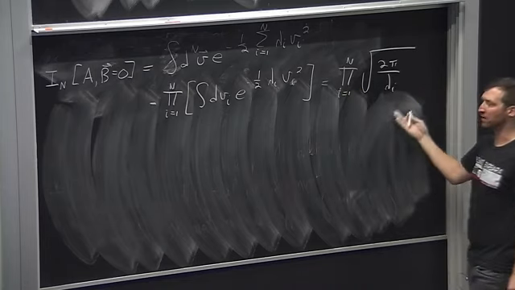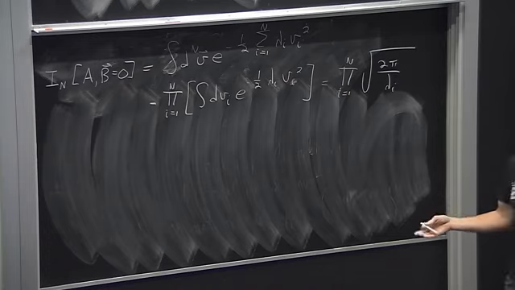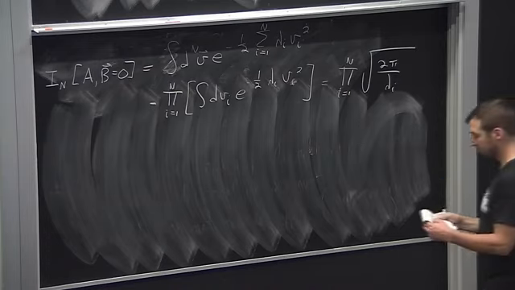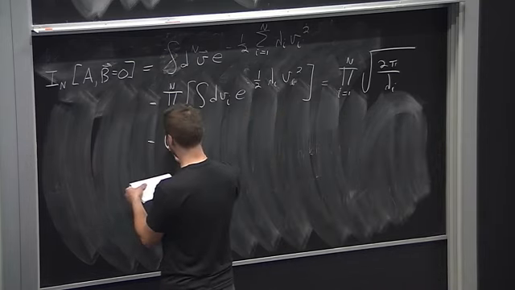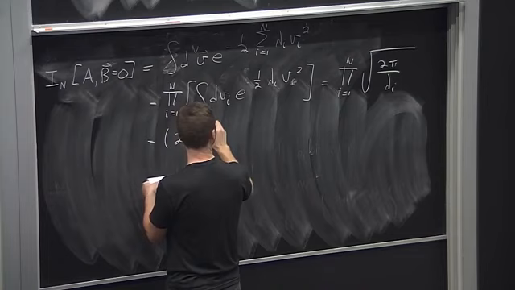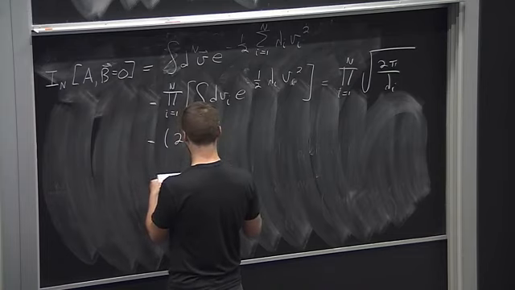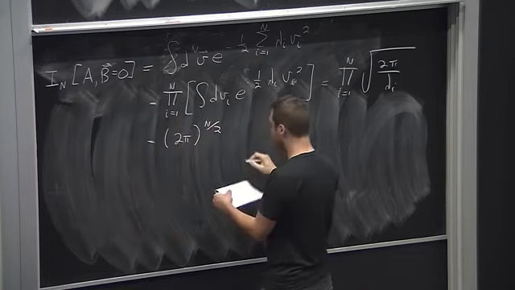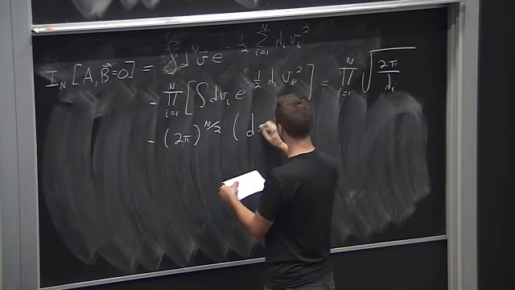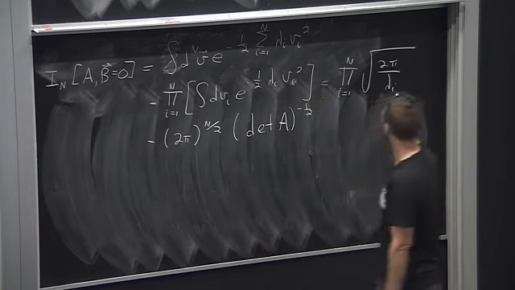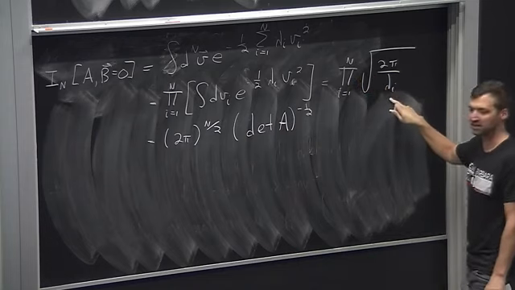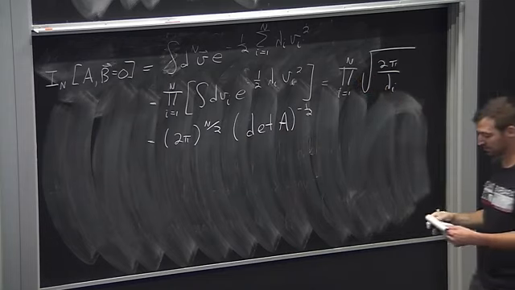And it's a product of each one of those. So that's the equivalent of the 2 pi over a. It's a square root, but there's n of those, multiplied by 1 over the square root of the determinant of A, which is just this piece that contains these eigenvalues.